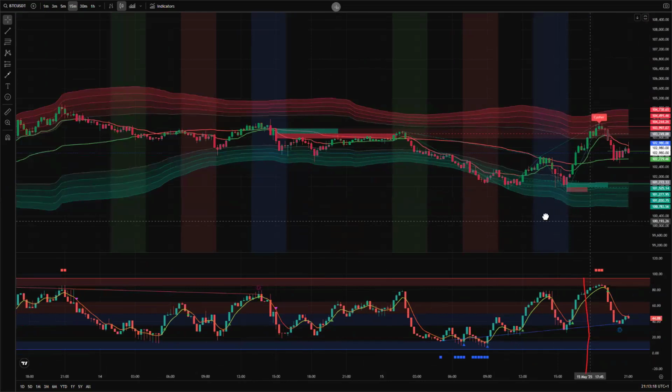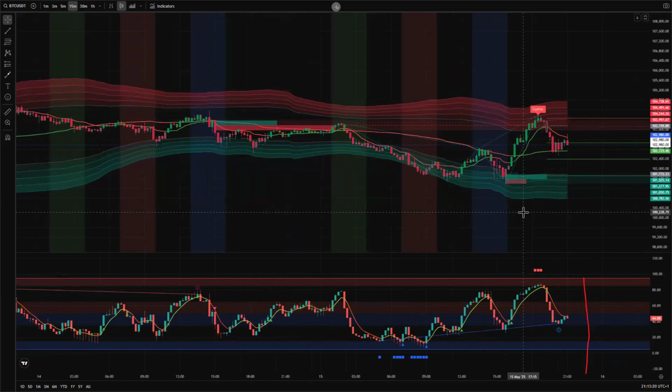The type 1 candles are the yellow candles. Type 2 candles are orange, and then type 3 candles are purple candles. The purple candles show you that it's the strongest.